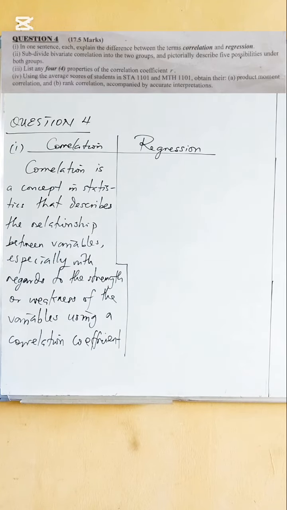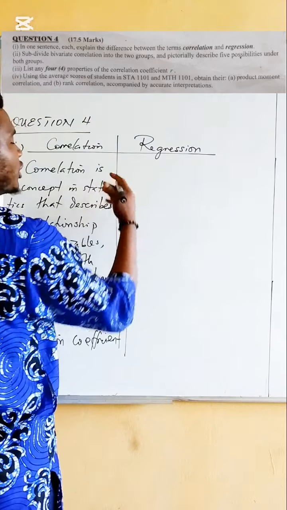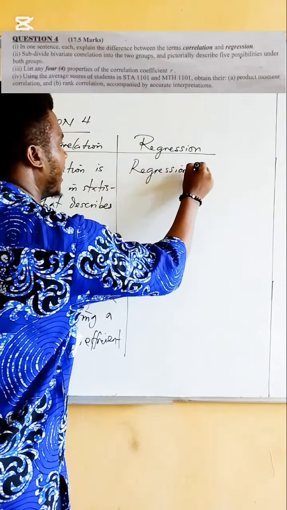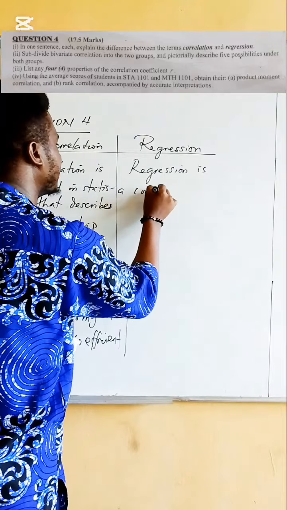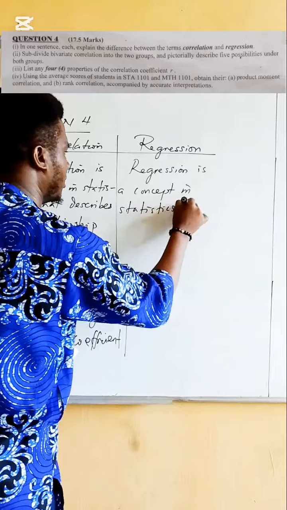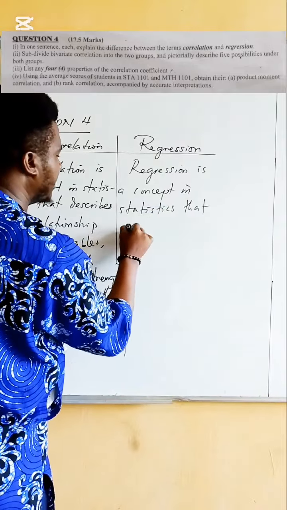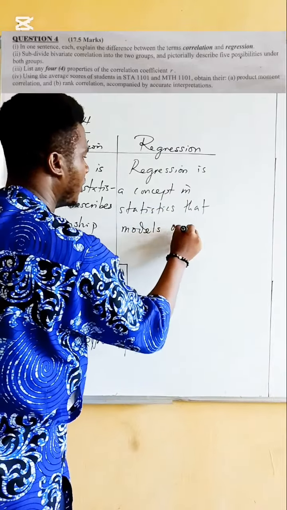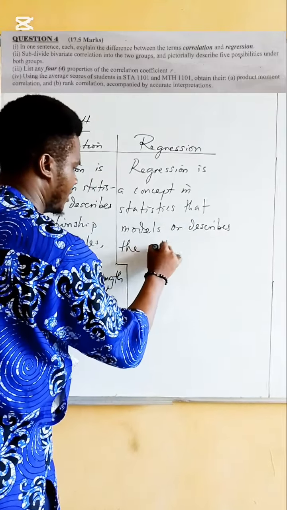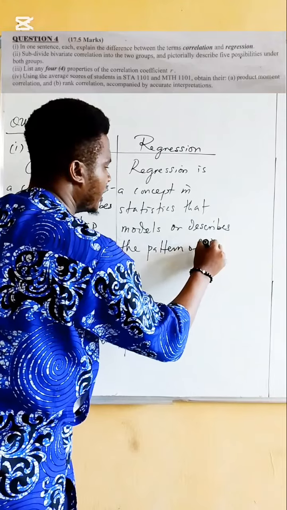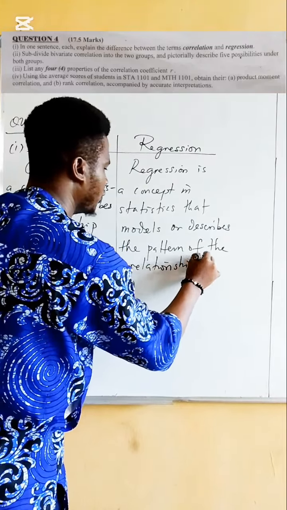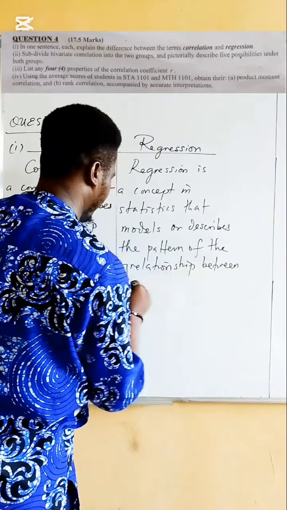However, regression is also a concept in statistics. So regression, on the other hand, is a concept in statistics that models or describes the pattern of relationship between variables.